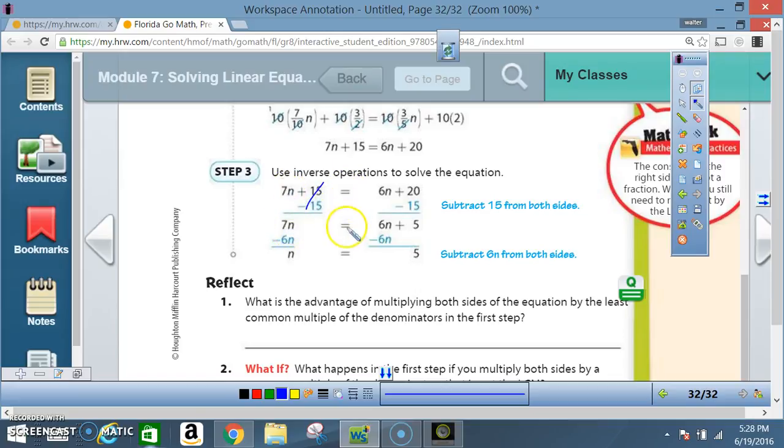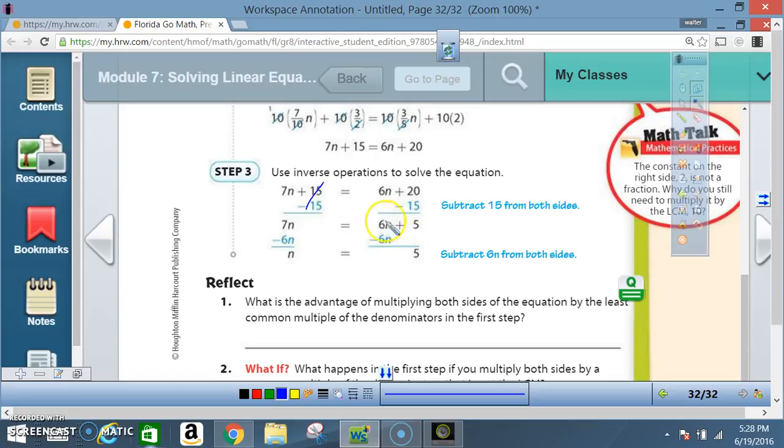So I'm left with just 7n. Bring my equal sign down, and now I have a positive 20 minus 15. 20 minus 15 is 5. I bring my 6n down, so now I'm left with 7n is equal to 6n plus 5. Now I have to get my n's on the same side, so I move the smallest n between 7n and 6n.